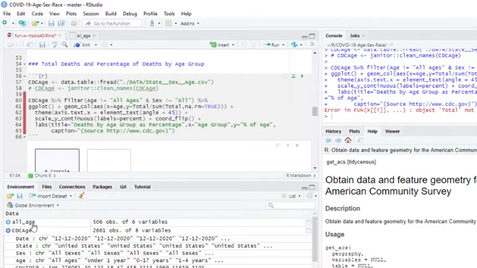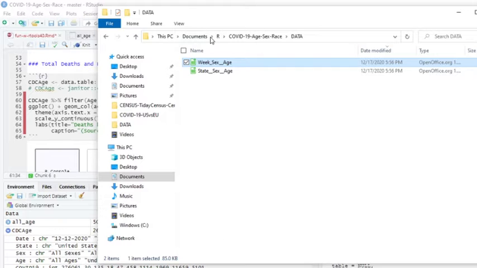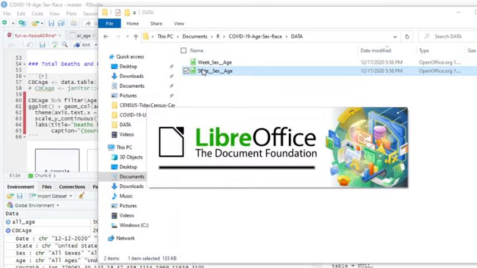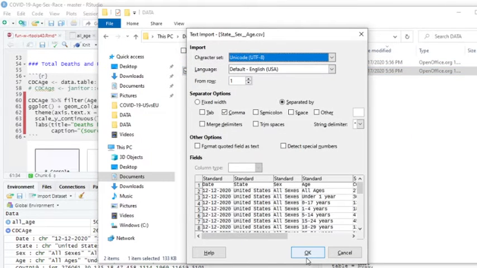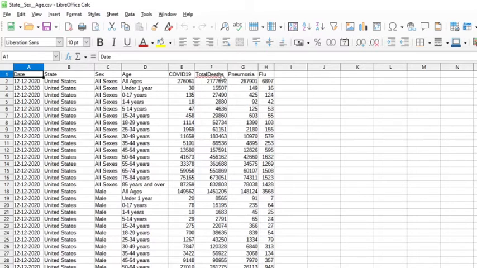Okay, object total not found. Okay. Let's just change this to total.